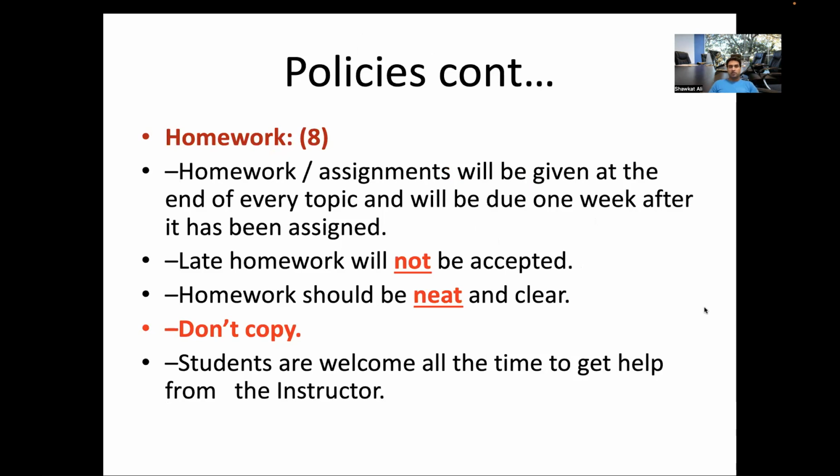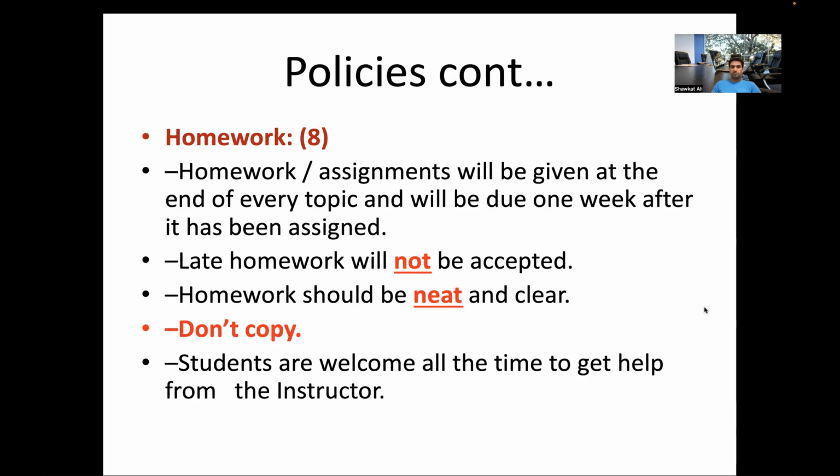Okay, homework. There will be 8 homework assignments. At the end of each topic, like in the outline, I showed some main topics, and we will be breaking them into subtopics. At the end of each topic, there will be a homework assignment, and you will have 1 week to complete it.